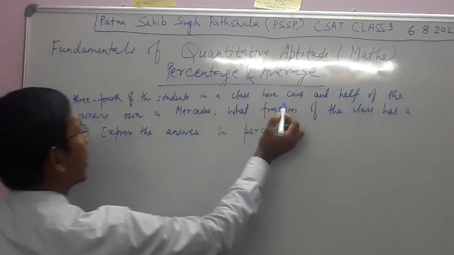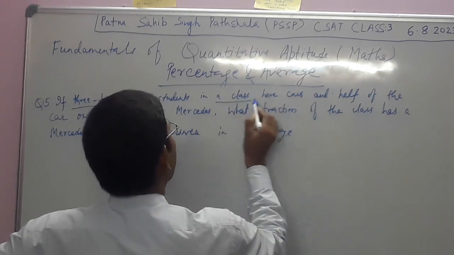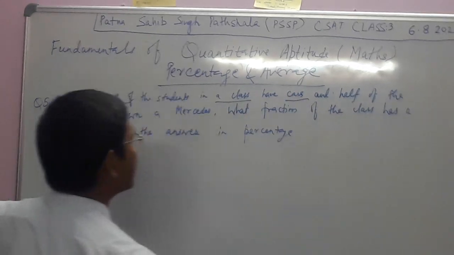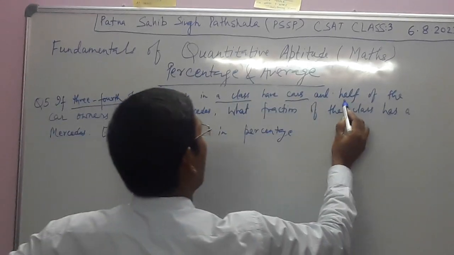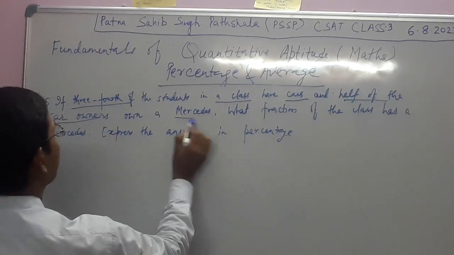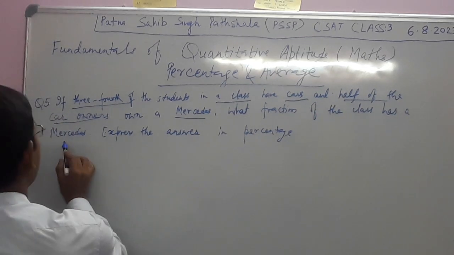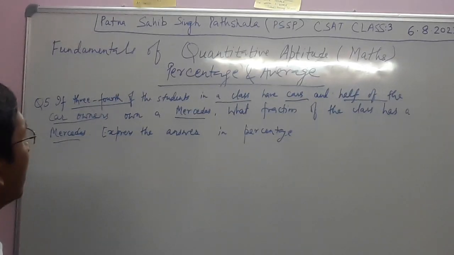3/4 of the students in a class have cars and half of the car owners have Mercedes. What fraction of the class has a Mercedes? 3/4 of the students in a class have cars.